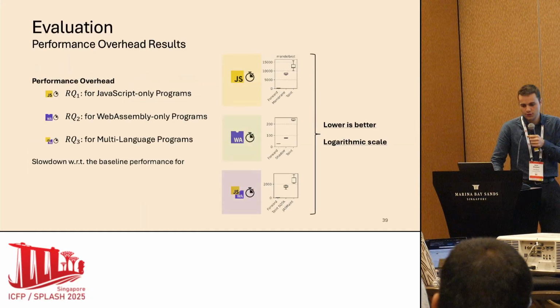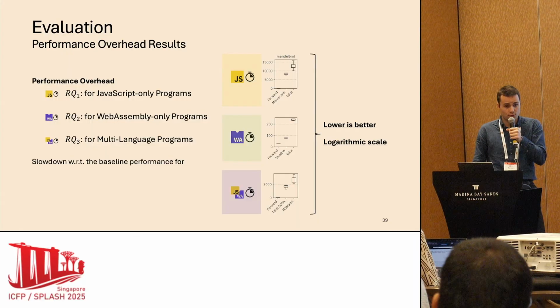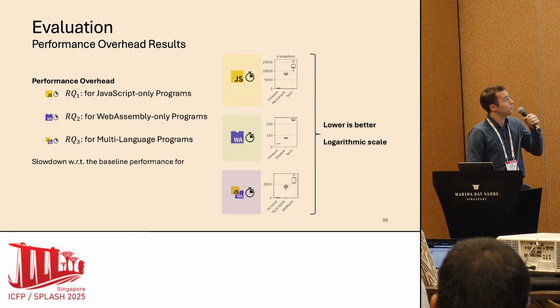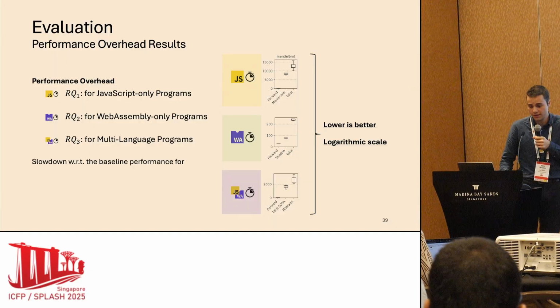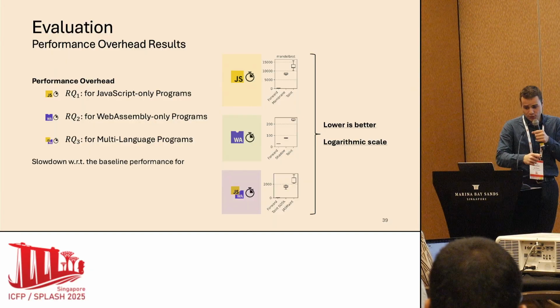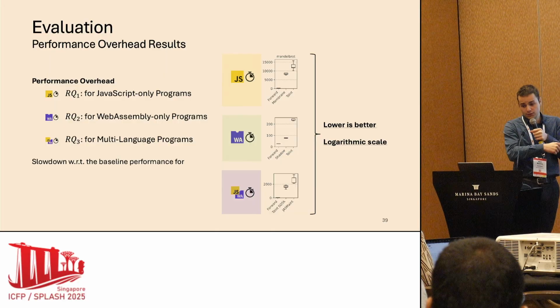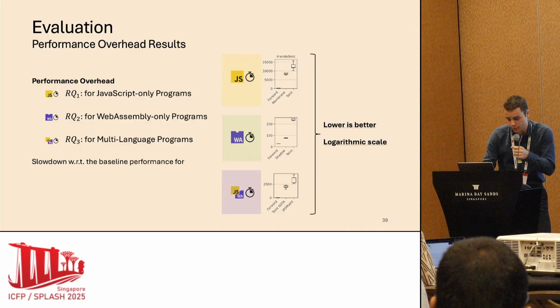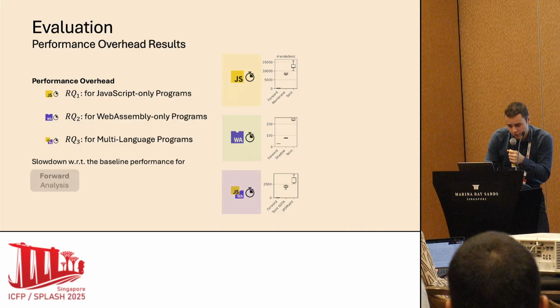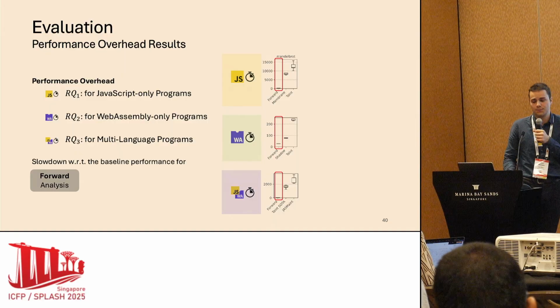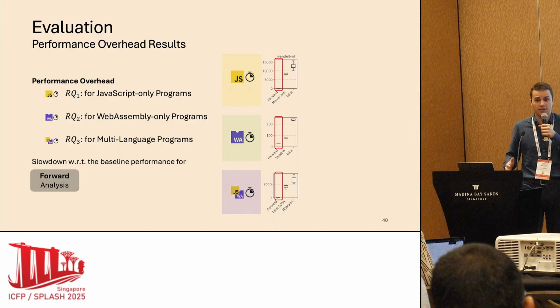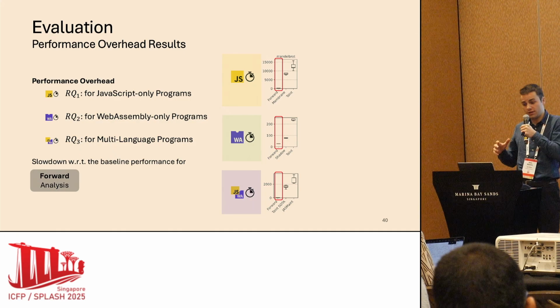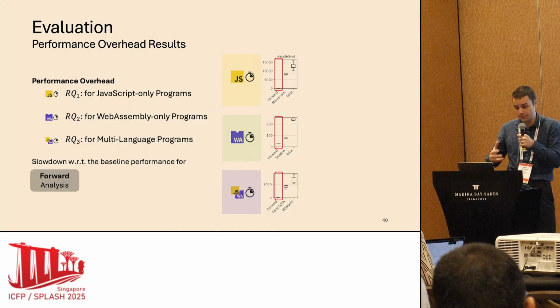To answer the first 3 research questions, we measured the performance overhead, the slowdown with respect to the baseline performance, an uninstrumented program, for 3 key factors. First, the forward analysis, which we denote as an empty analysis: you instrument the program, but do not account for any analysis semantics.